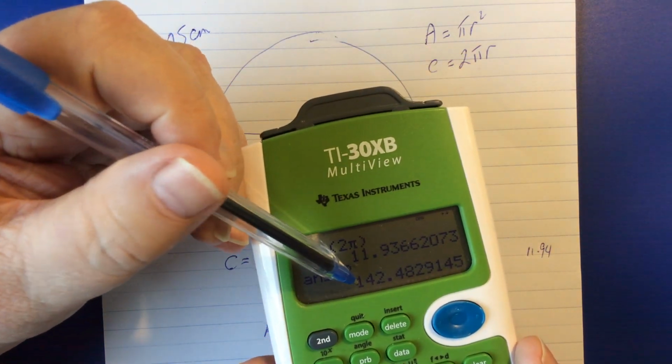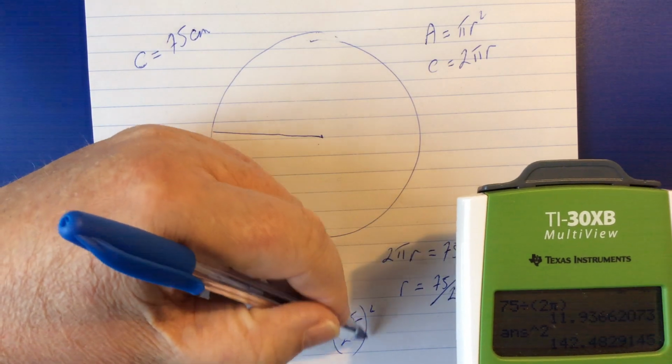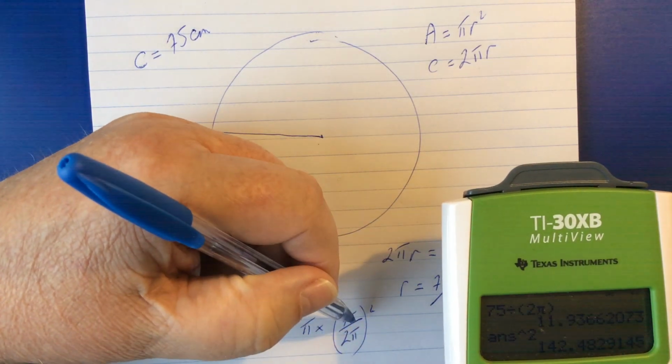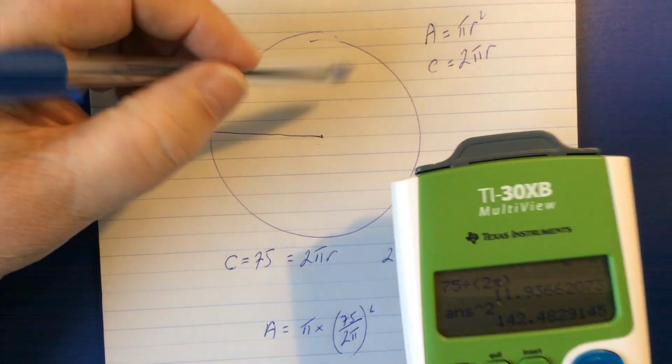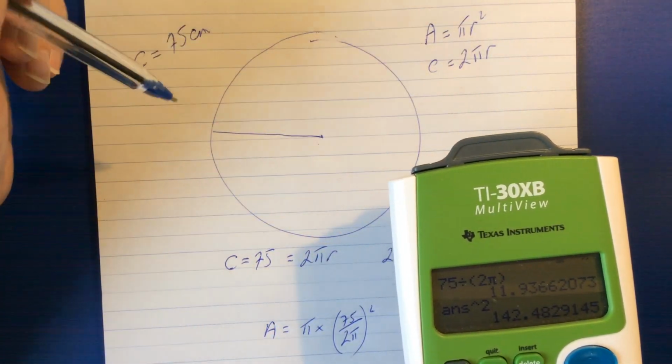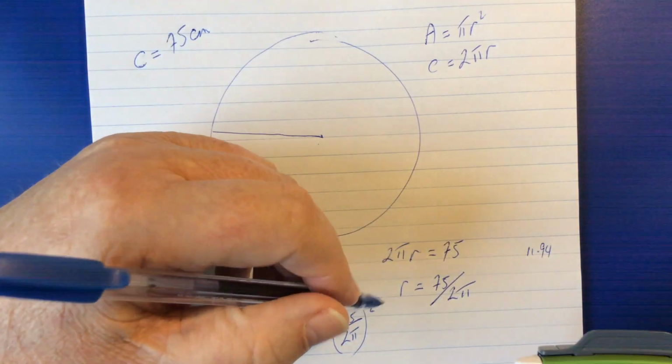So what we have to do now is, as we have worked out what this is, we have to multiply it by pi, and that will give us the area of this circle. That's all there is to it.